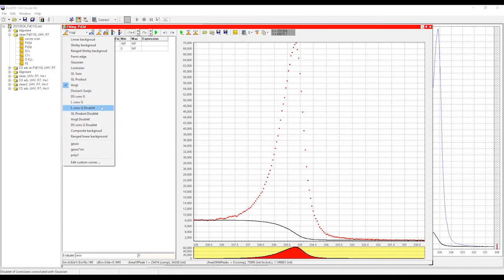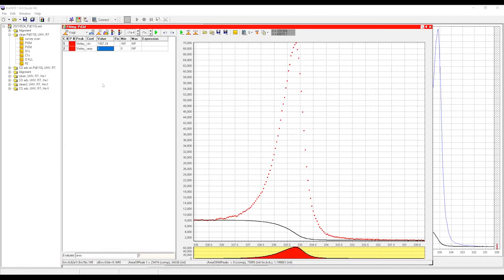And then there are doublets. When you have a doublet, like for 4f spectra, you can fit it as a doublet, or sometimes we prefer to fit only one part of the doublet because then you're more precise with the background, but you answer the same question.